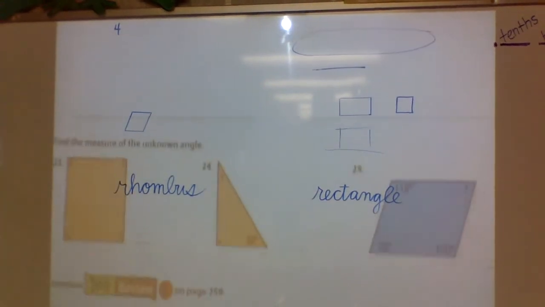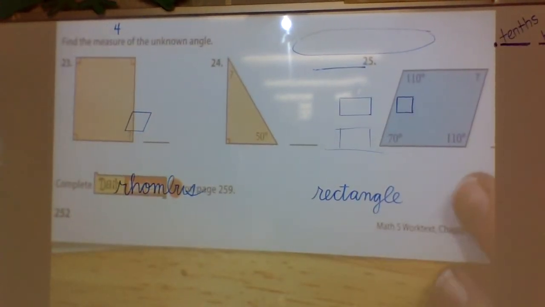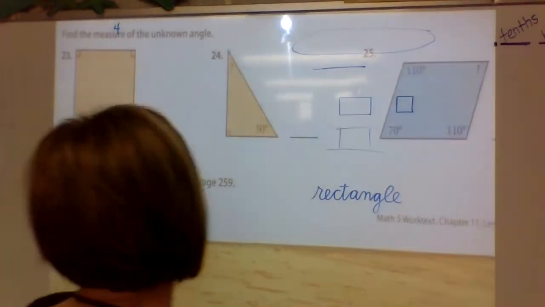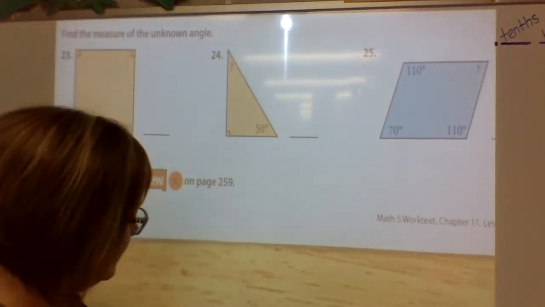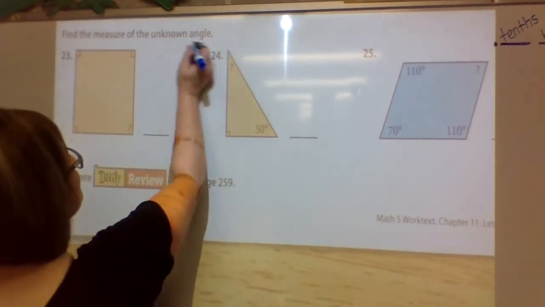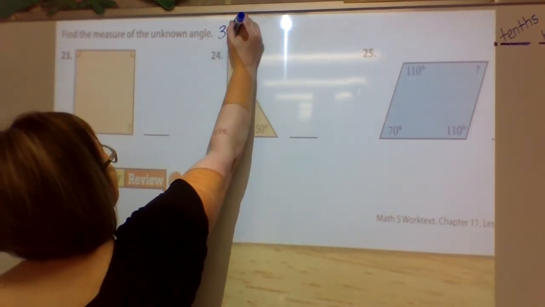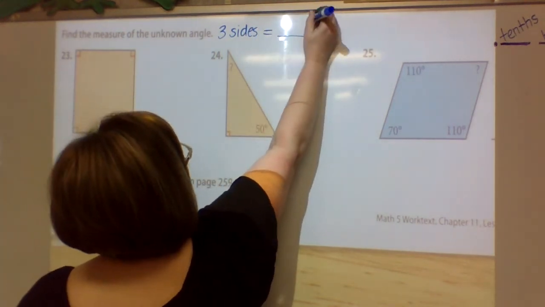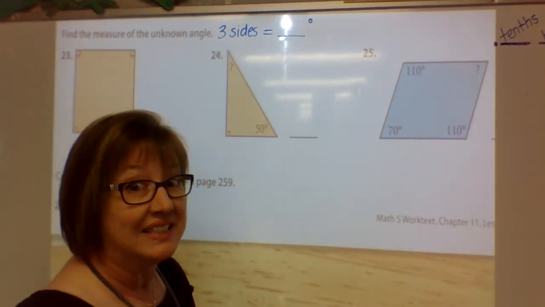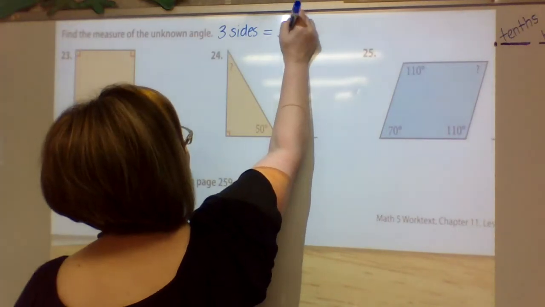Then, number 23. Again, you guys know how to do this now. And I'm going to let you guys do those and draw your shapes, and you don't have much left to do. But remember the unknown angle. How many degrees do the 3 angles of a triangle equal? 180. Okay?